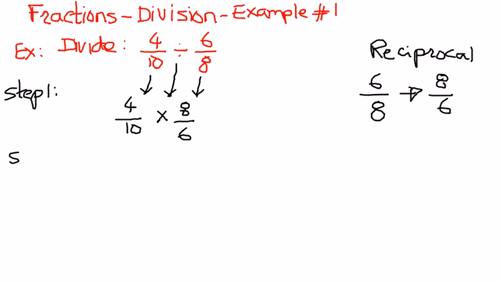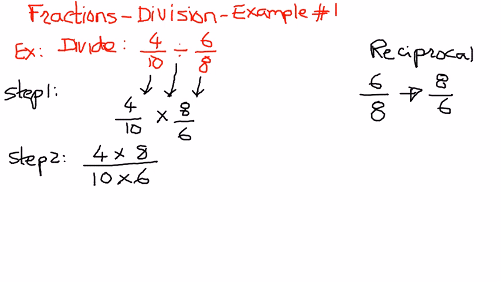And then now, as step number 2, we're going to simplify this process. We multiply the numerators, multiply the denominators. 4 times 8 is what we have in the numerator, and 10 times 6 is what we have in the denominator. Now, when we have numbers in the numerator and numbers in the denominator, we can simplify them.